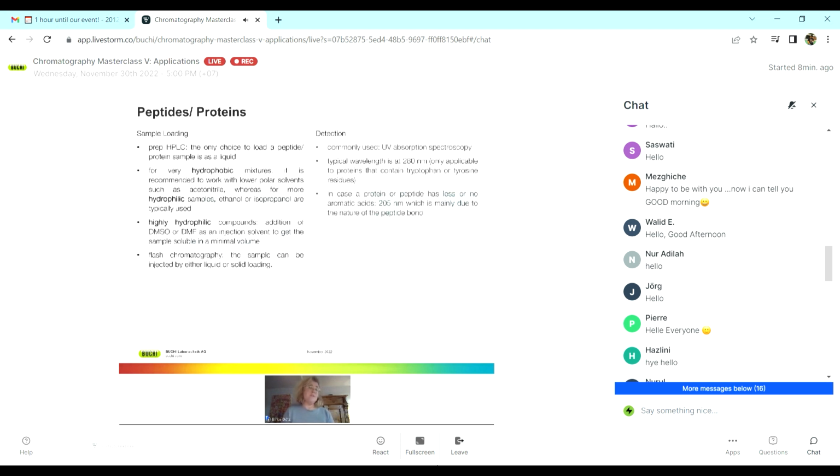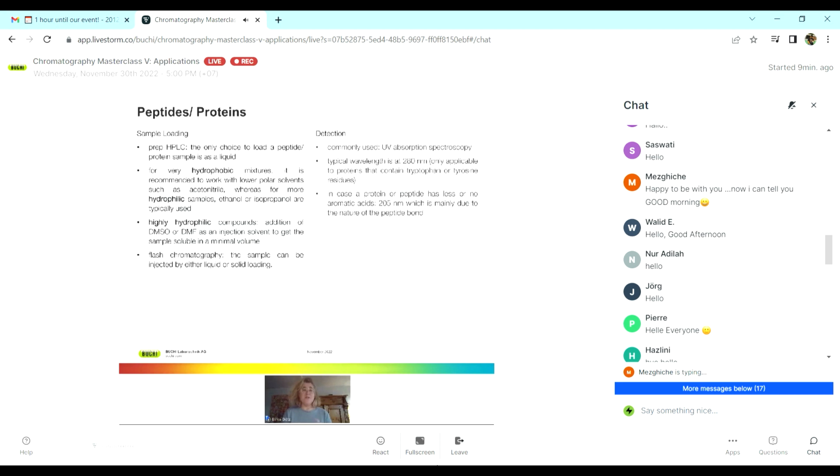So we come to the sample loading. If you're working with prep HPLC, the only choice you have is liquid loading. That's given. We come to flash later, but let's stay with the liquid injection. If you have very hydrophobic mixtures, then it's recommended to work with lower polar solvents, for example, acetonitrile. If you have something very hydrophilic, you would go for ethanol, isopropanol. These are the typical solvents used.